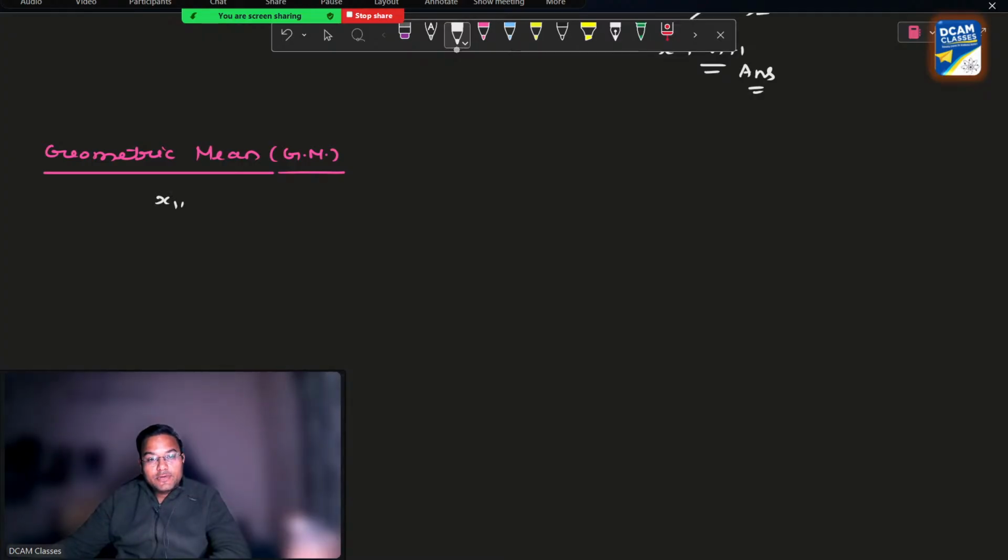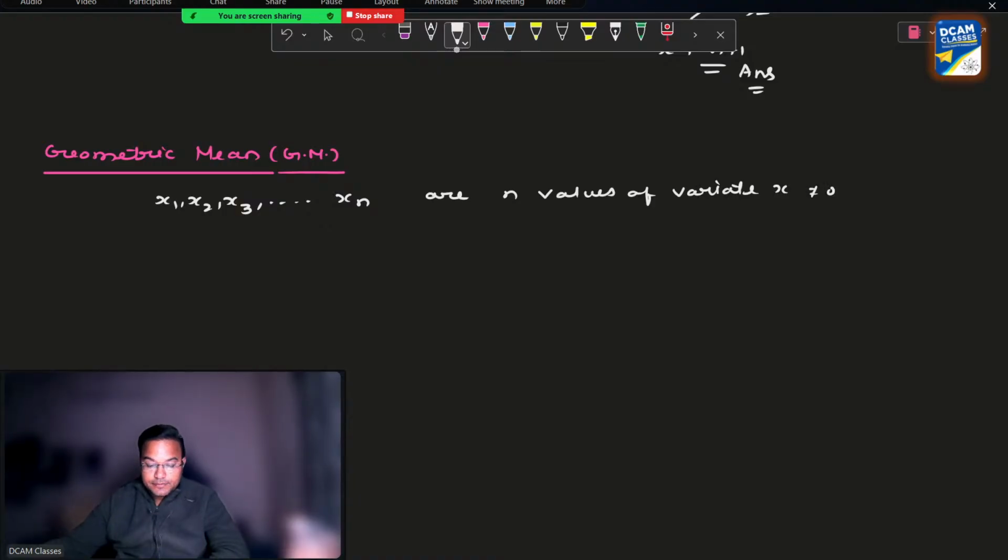See, if x1, x2, x3, so on and so on, xn are n values of variate x, none equal to 0, the geometric mean is given by (x1 x2 x3 ... xn) power 1 by n.